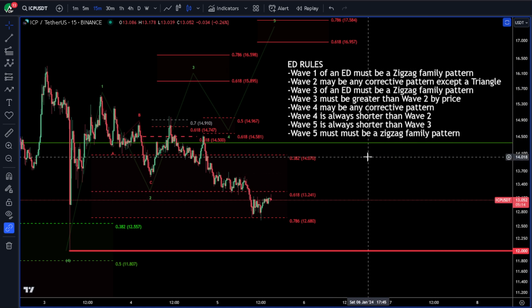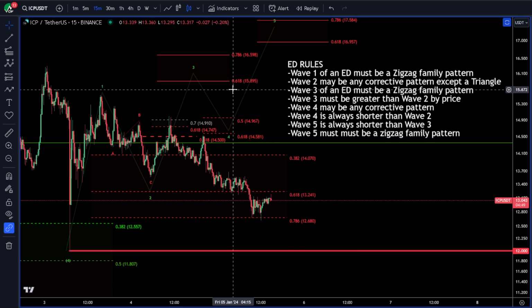So the rules have changed recently, if you're not aware, and the main difference is previously wave 3 had to be shorter than wave 1, wave 5 shorter than wave 3, etc. Now wave 5 must be shorter than wave 3, but wave 3 can be longer than wave 1. Basically, wave 3 can't be the shortest.